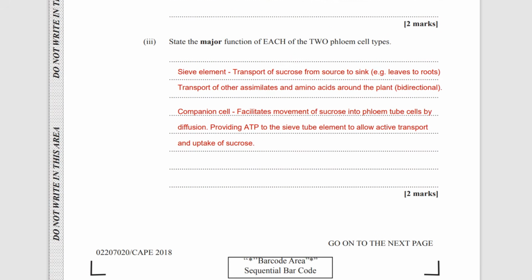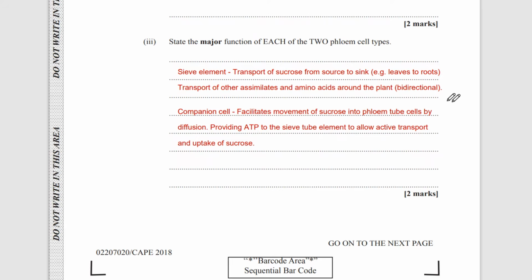State the major function of each of the two cell types, right? So the sieve element is like a tube, right? So it transports sucrose from a source to a sink. A source is a photosynthetic organ like a leaf. A sink is a non-photosynthetic organ like a root. So it's carrying from what has to what doesn't have, or from what can make to what cannot make.